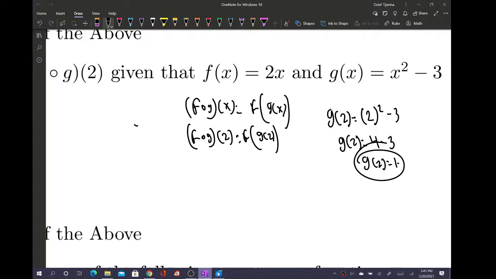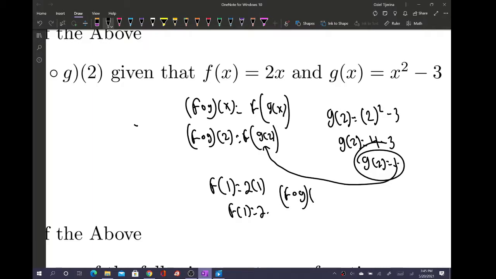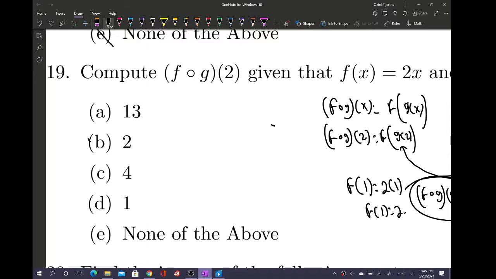So f of 1 will be 2 times 1, so f of 1 equals 2. So f composited of g of 2 will be 2. And that is your answer. It's B.